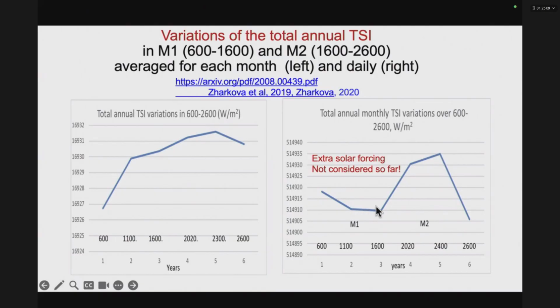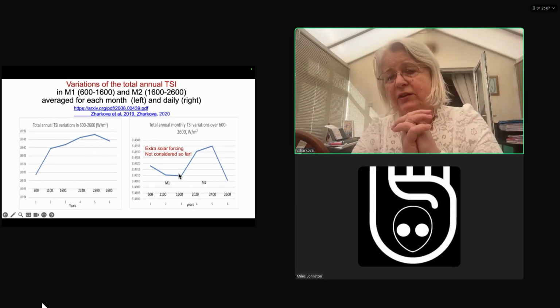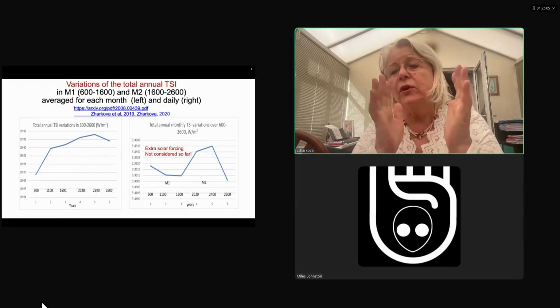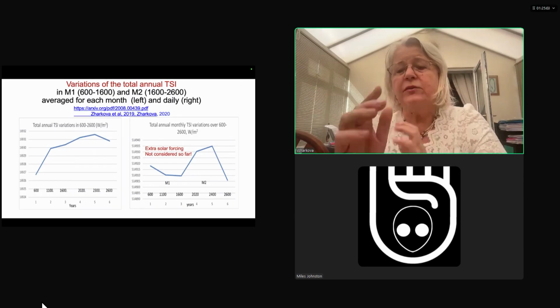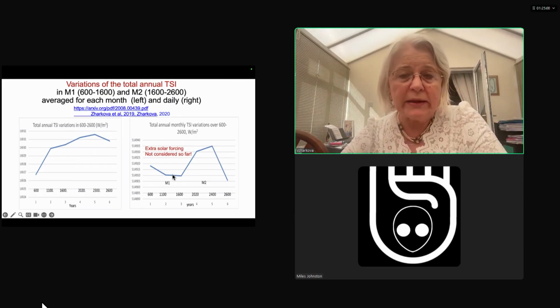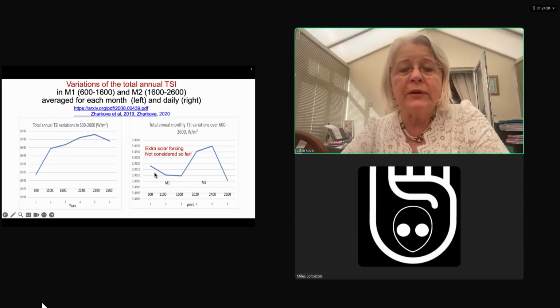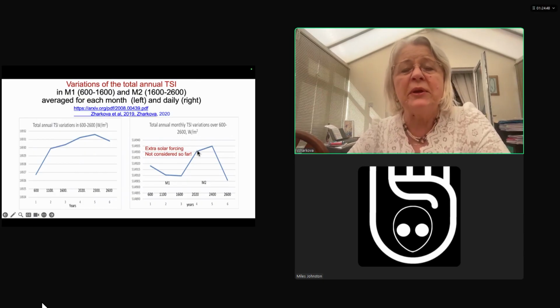What I did, I calculated the whole radiation per every month altogether and the whole radiation per year, and plotted it on the right plot. And you see in Millennium 1, the radiation decreased, but in Millennium 2, at this point, 2020 specifically, it increased by 20 watts per square meter.